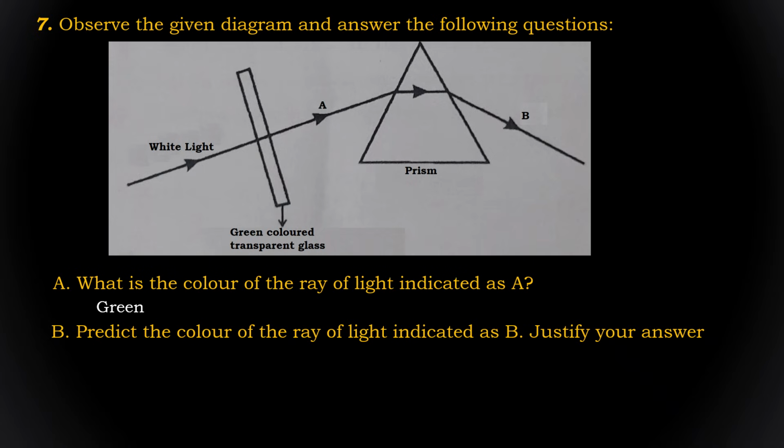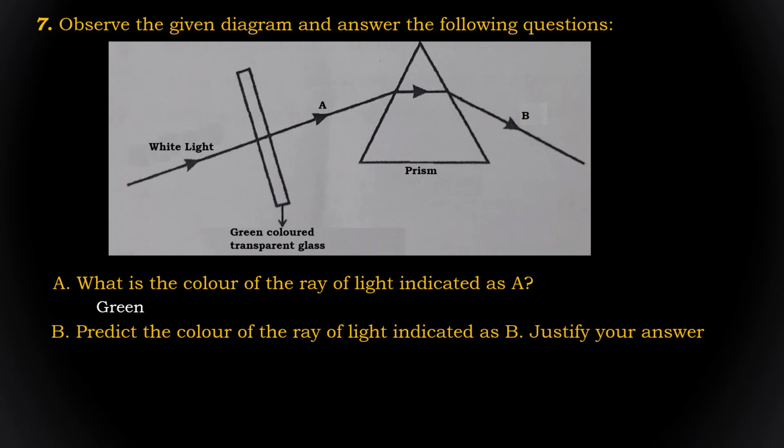Next is, predict the color of the ray of light indicated as B. This green light is allowed to pass through the prism. It gets refracted when it hits the prism, and again it emerges out from the prism. When it enters the prism, we are not seeing it getting scattered.